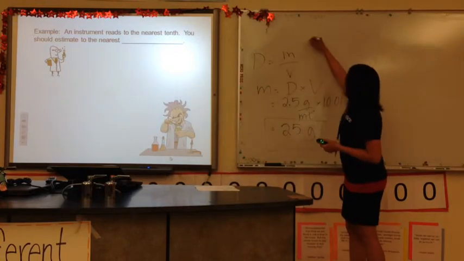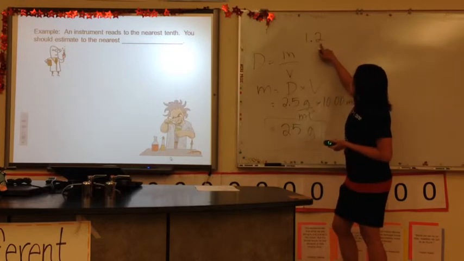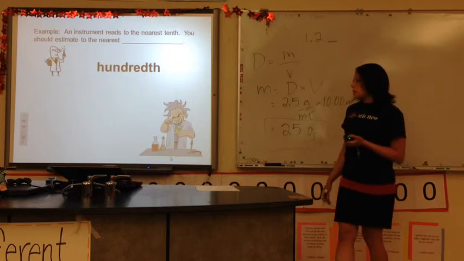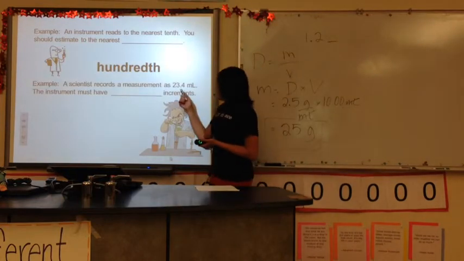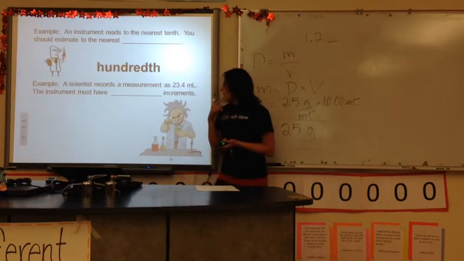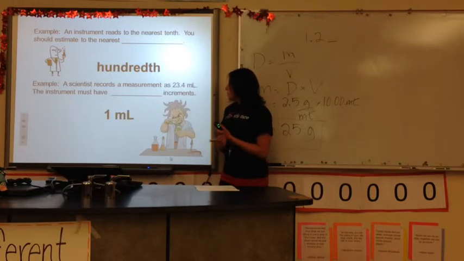Well, if you've got something that reads, let's say, 1.2, you wouldn't record that. You would actually estimate to the 100th place. Okay? What if a scientist records a measurement as 23.4? Well, the 4 is estimated, so the instrument must go by the 1's place.